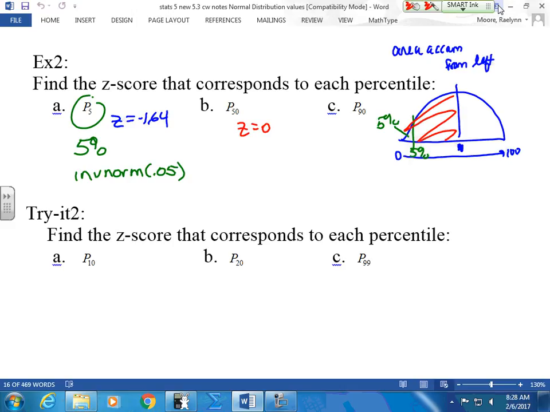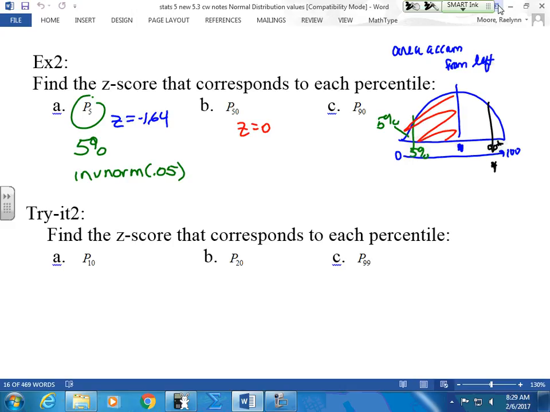It doesn't have to be exact, just in the ballpark. 2, 1.7, 1.9. Should it be 3? It's too far out there, right? That's real small. Even 2, but 2 is a good estimate, right? Somewhere out here. 90% of my curve to the left means way out here. If I'm in the 90th percentile, aren't I way up here?